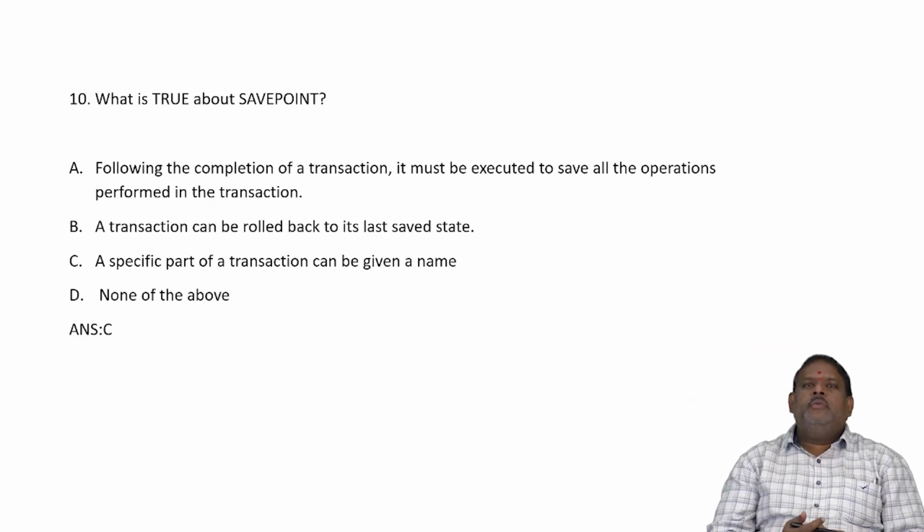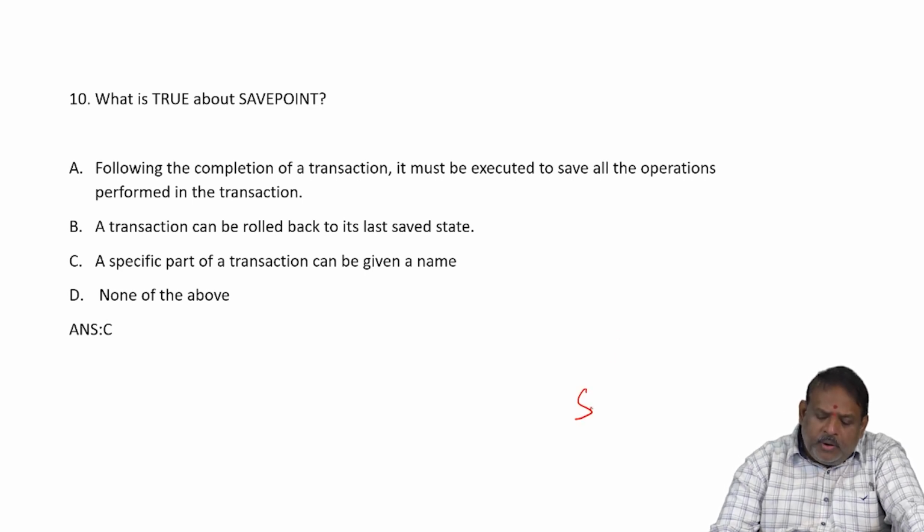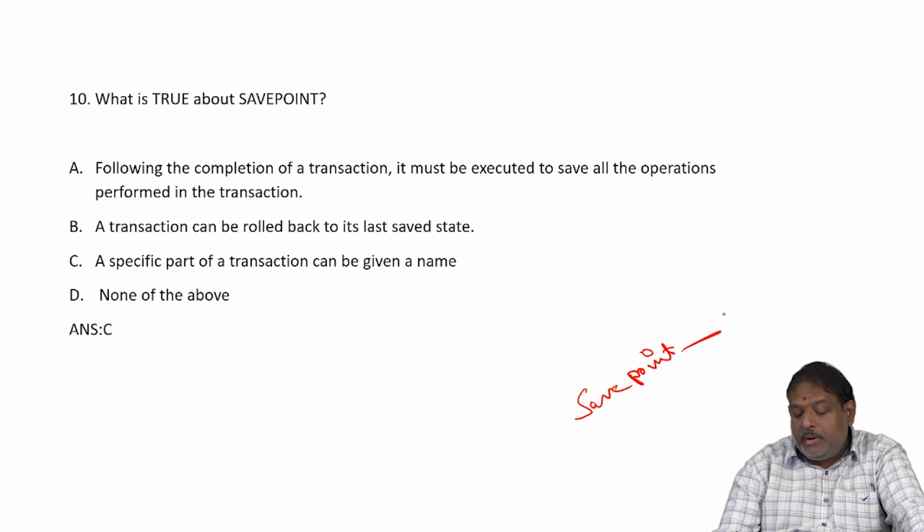Option is commit. Which is true about a savepoint? What is a savepoint? A savepoint is a temporary point in the transaction till which we can save our data.